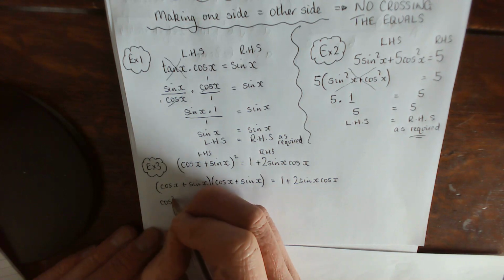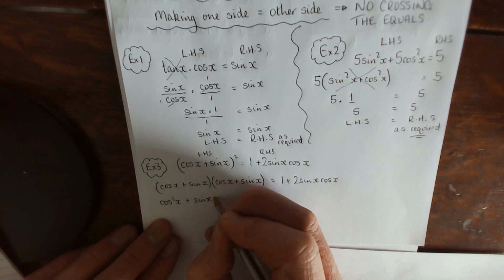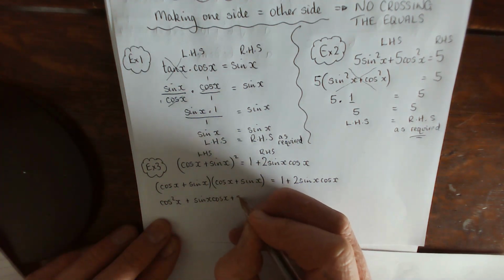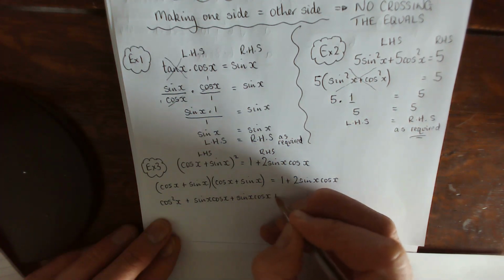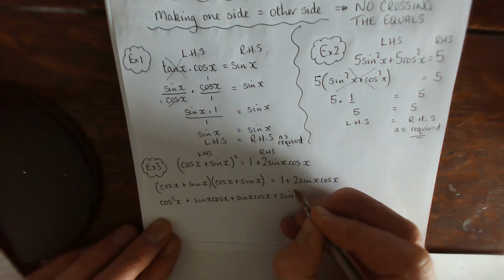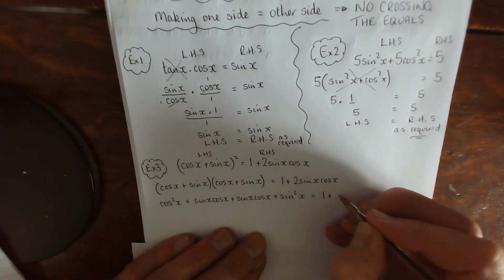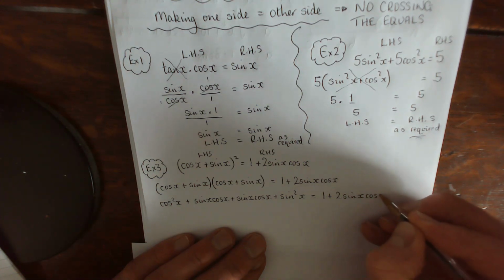And I'm going to get cos squared x plus sin x cos x. I've got, again, another sin x cos x. And I've got a sin squared x on the end of that. And I'm trying to get that to equal 2 sin x cos x.